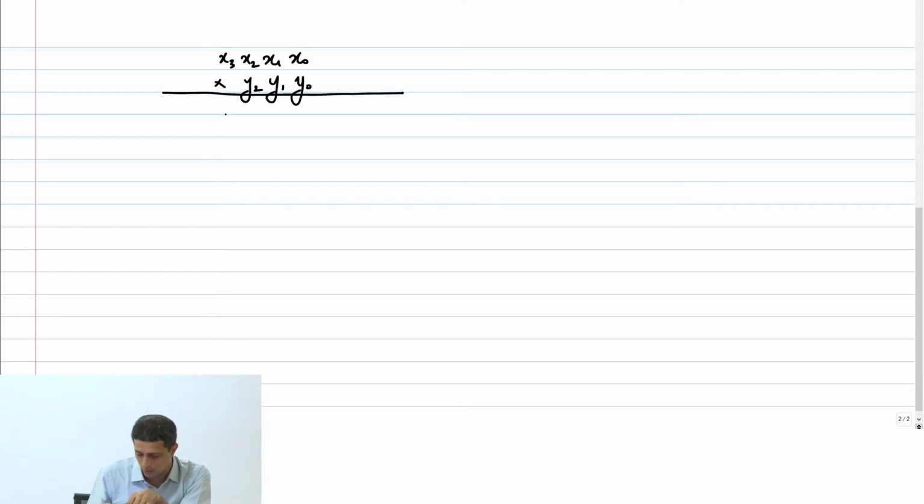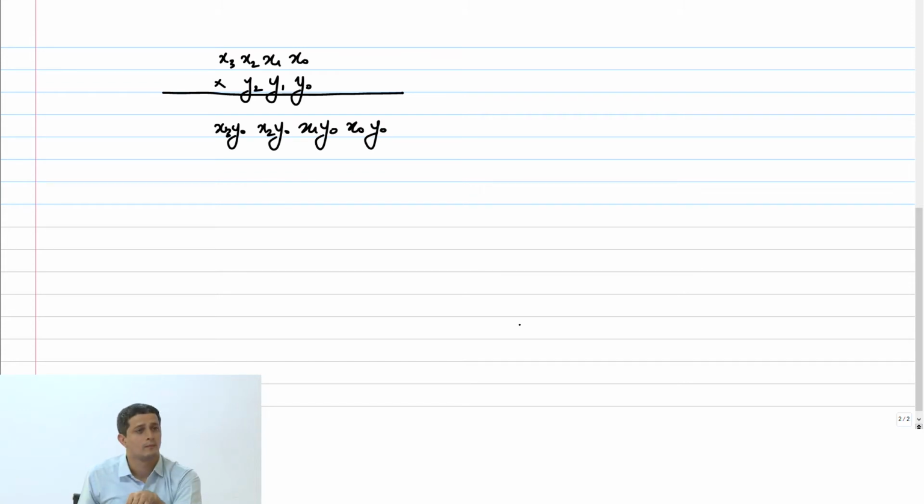So what do you get here? The first term will be x3 y0, x2 y0, x1 y0 and x0 y0. What's the second term? It's basically just a shifted thing, right? You have to shift this term by 1 bit and add. It's a shifting and adding process that we have to do here.